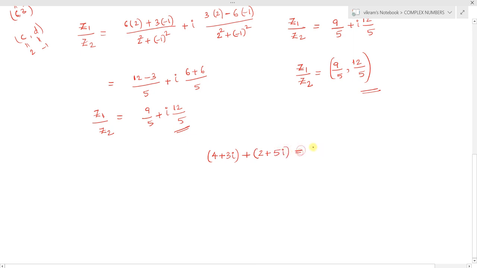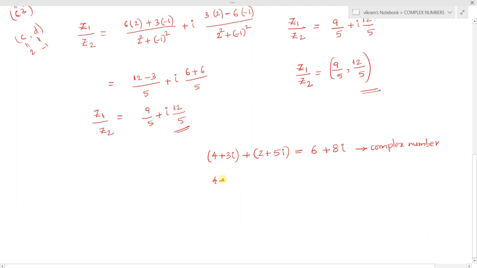Then what I am getting: add the real parts together and the imaginary parts together, and I am getting 6 plus 8i, which is also a complex number. Addition of two complex numbers is a complex number.